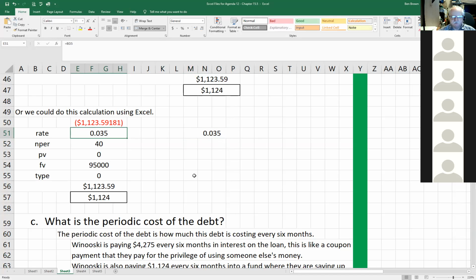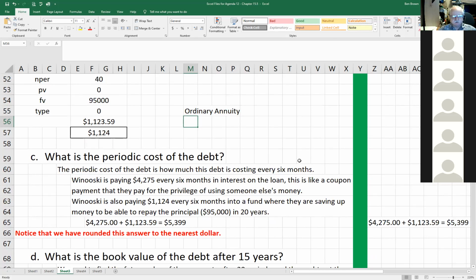It's 0, says it's an ordinary annuity. And we come up with this value. We throw the negative away because we don't need it. And we also round it to the nearest dollar. And either way we calculate it, it comes up to 1124.